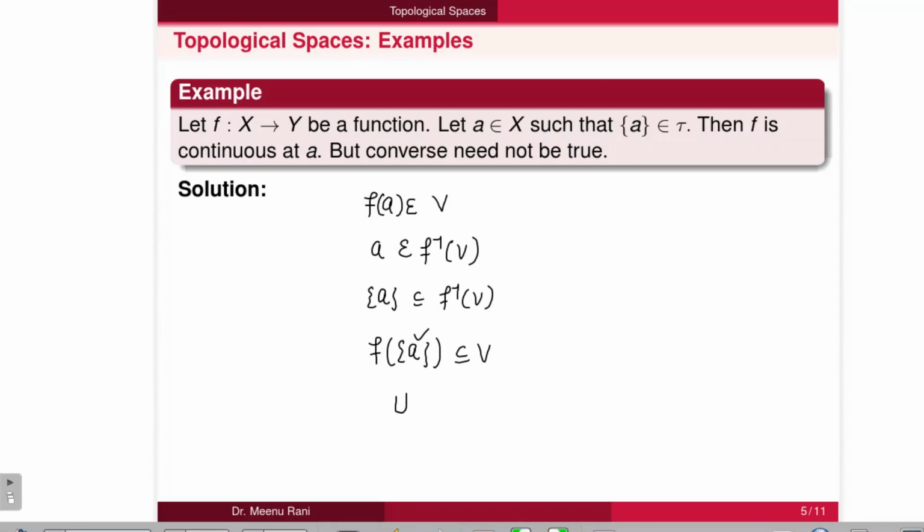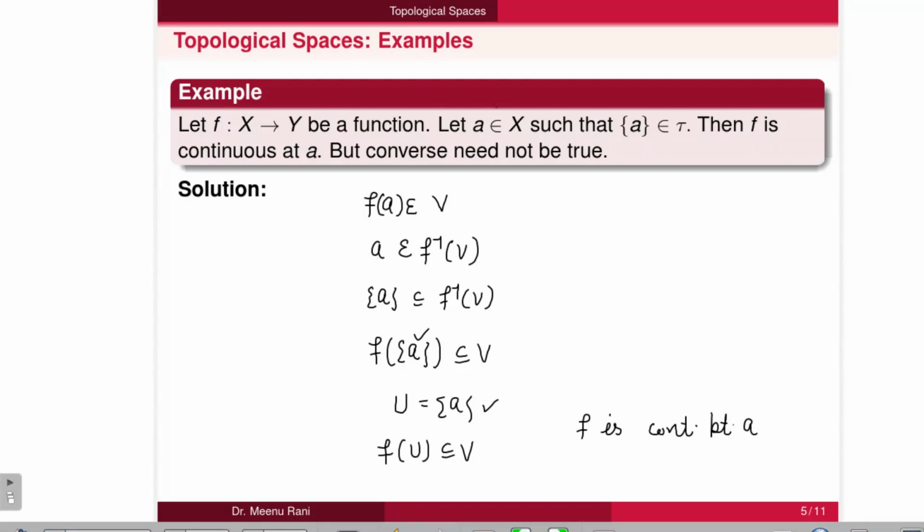So if we take u is equal to singleton a, then we can say that f of u is contained in v, and v is an arbitrary open set in y which is containing f of a, and u is a set here which is containing a and it is open in x, such that f of u is contained in v. Thus we can say that f is continuous at a.